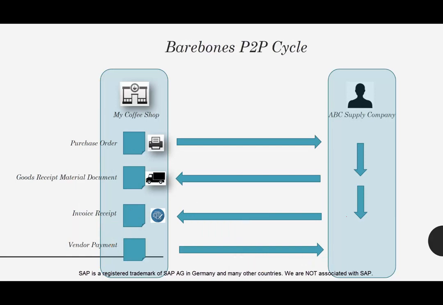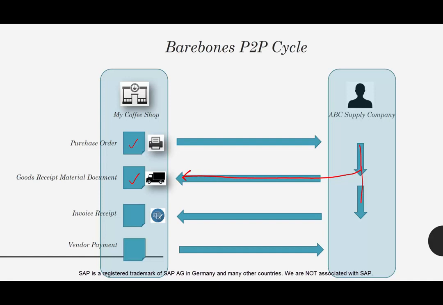So this is the bare bones procure to pay cycle. There are 4 transactions in the procure to pay cycle. Purchase order, which is a notification to the vendor to supply goods. And when the vendor supplies the goods after a certain amount of time, we create a goods receipt in the system.